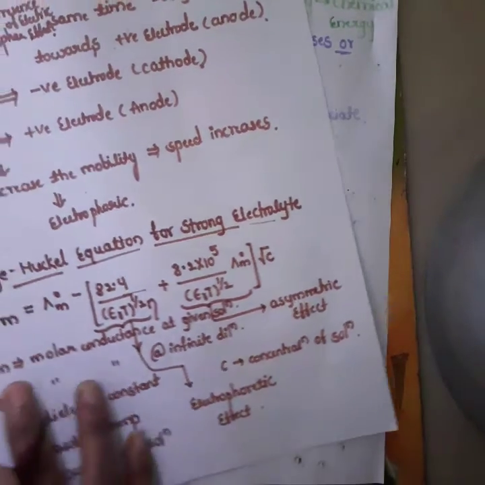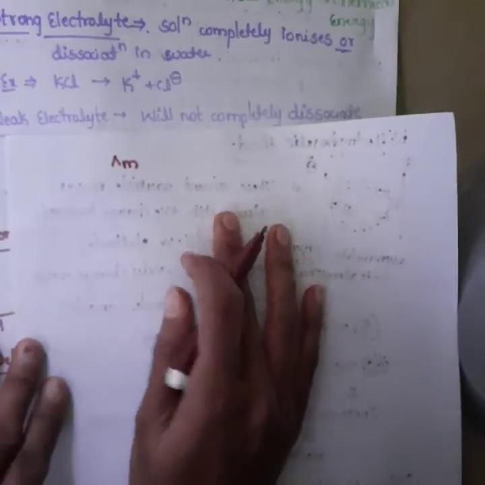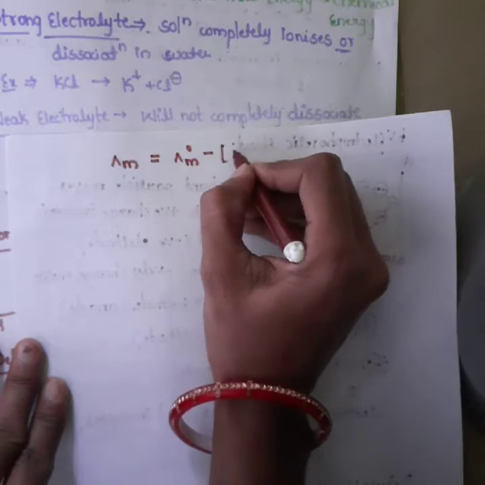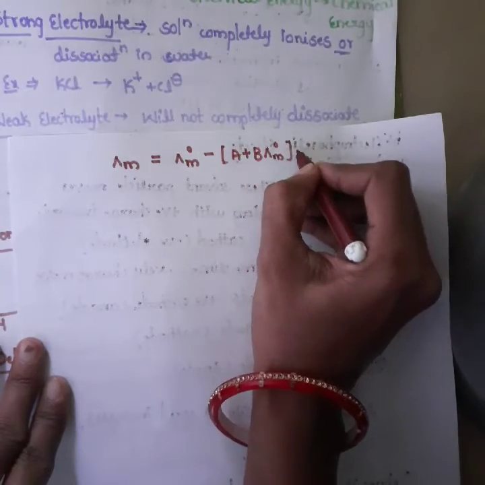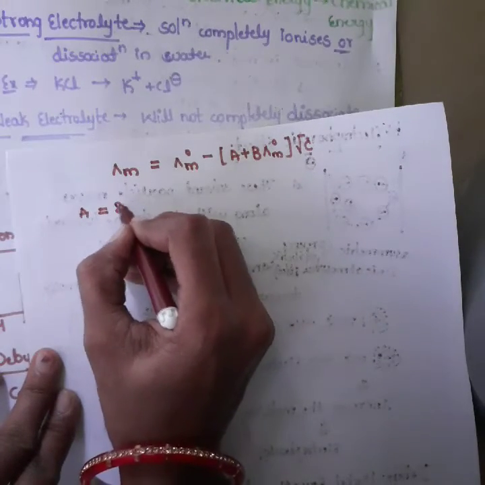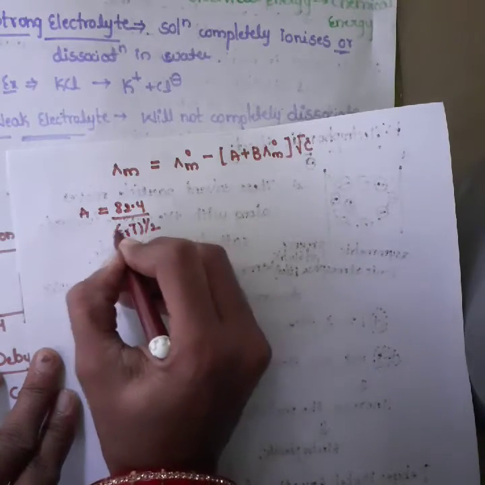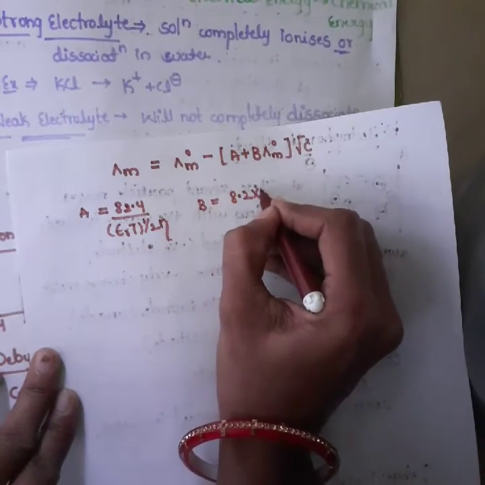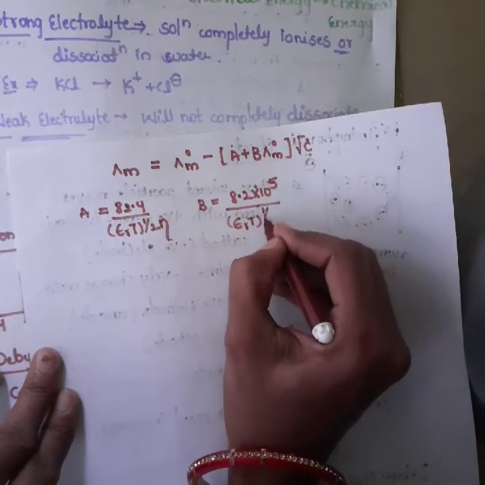This is the Debye-Hückel equation. The above equation can also be written as lambda m is equal to lambda m naught minus a plus b into lambda m naught into root c, where a is equal to 82.4 divided by epsilon r T raised to 1 divided by 2 into eta, and b is equal to 8.2 into 10 to the power of 5 divided by epsilon r T raised to 1 divided by 2.